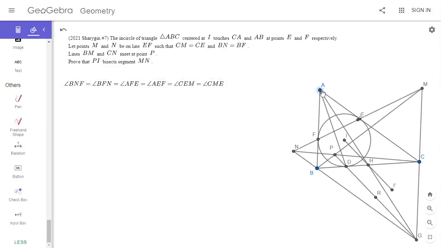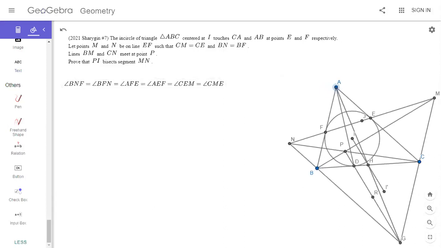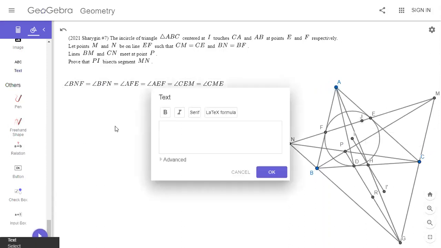Let me just change this a little bit. Hopefully it won't cover up the diagram still. So, okay, that means that BN is parallel to AC, and CM is parallel to AB.